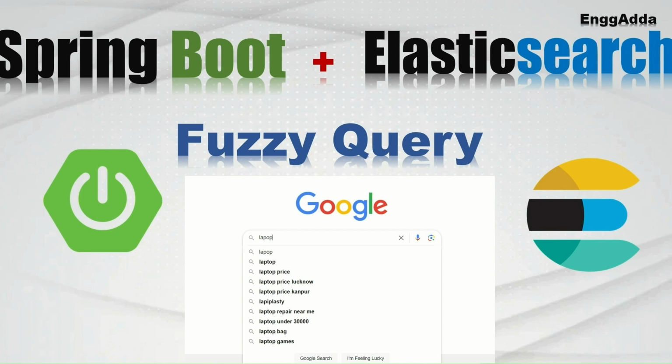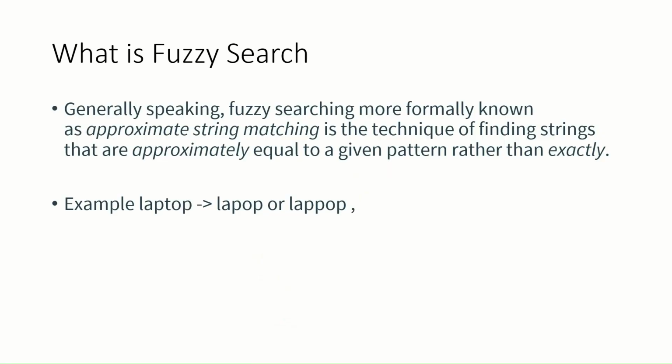Before going there, first of all, I will try to explain what fuzzy search is and what a fuzzy query is, and how we can implement it in the Spring Boot APIs. So let me go to the next slide, and here we come. The first term is what is fuzzy search. Generally speaking, fuzzy searching, more formally known as approximate string matching, is the technique of finding strings that are approximately equal to a given pattern rather than exactly.